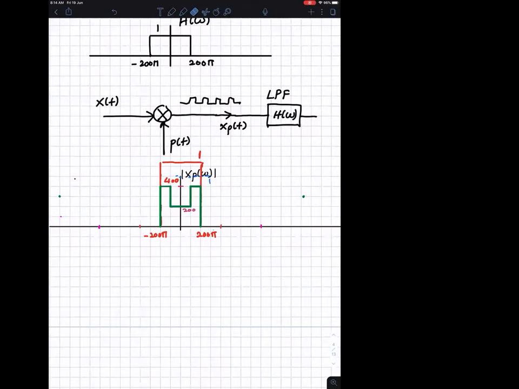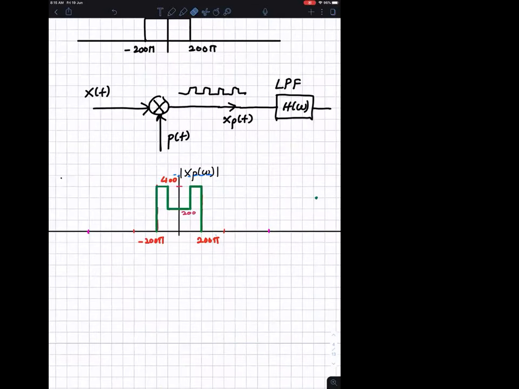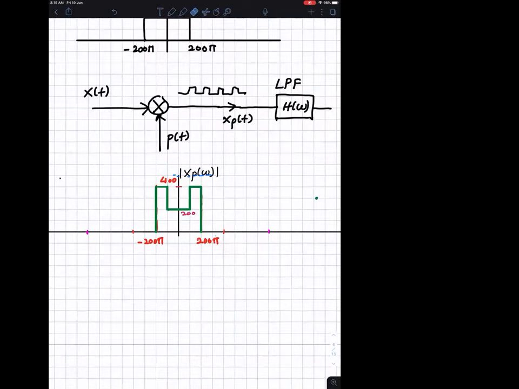So that's what remains after filtering. Any questions? No, sir.